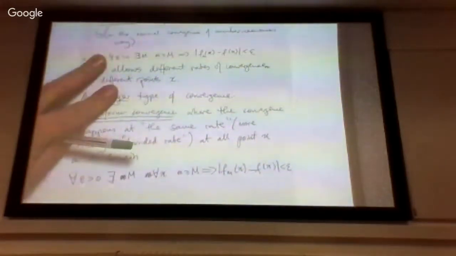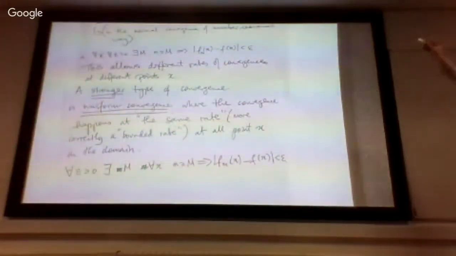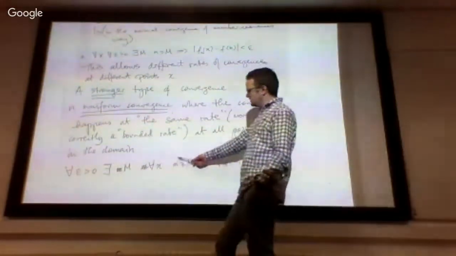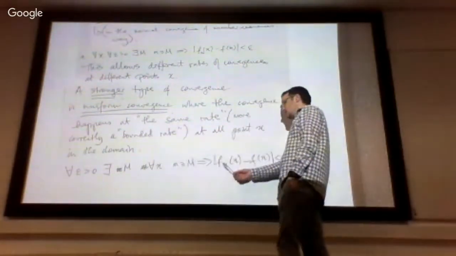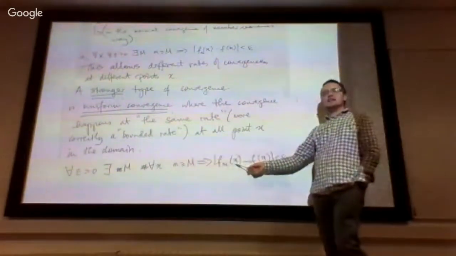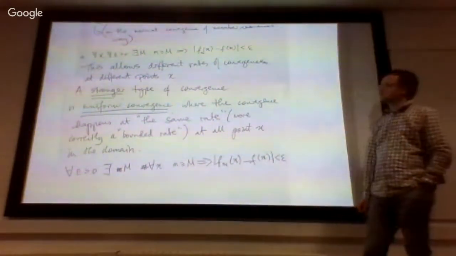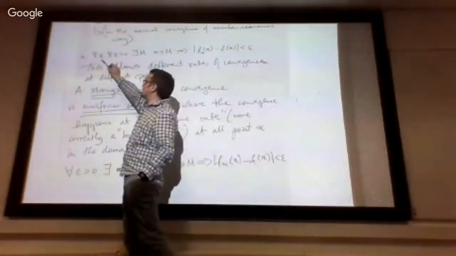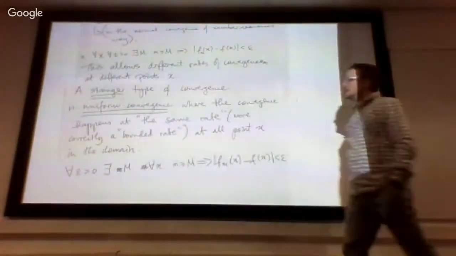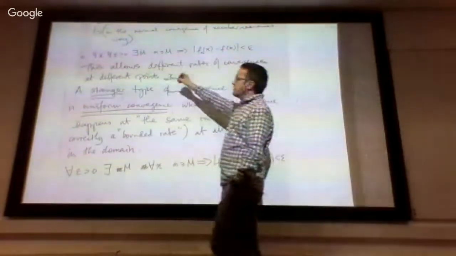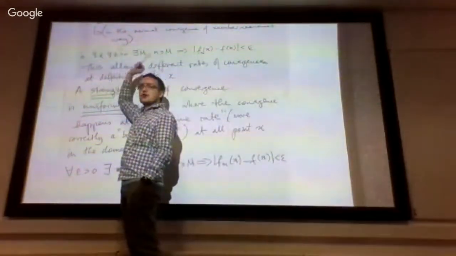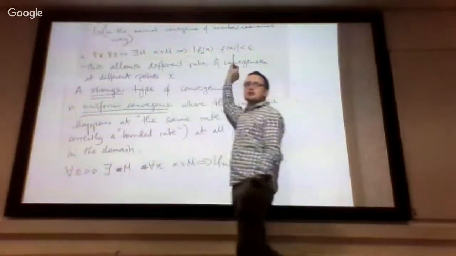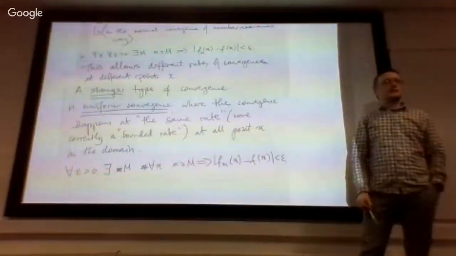At first glance, it looks like I've just written down exactly the same thing that I wrote down before. Right, it's the same inequality at the end. You've got this implication. If you're past the point m, then your f_m of x value is close to the value f of x. Right? But what's different, of course, is the location of the quantifier over x. Pointwise convergence, the for all x is at the front. So it says just for every value of x, it's possible to do the rest of the statement.